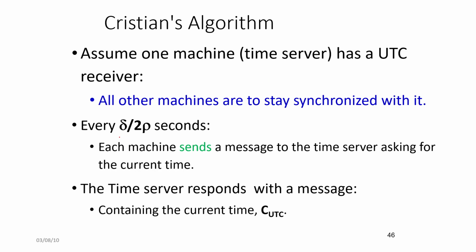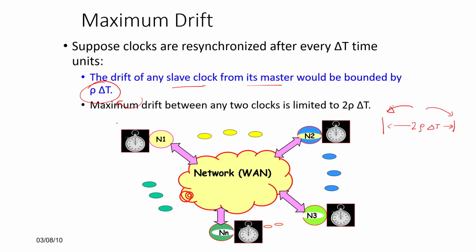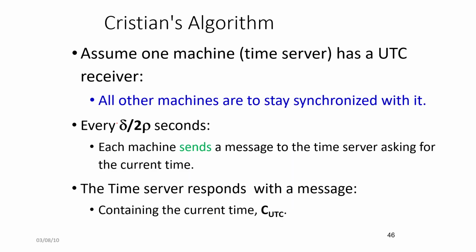So in this case, we have seen this formula 2 rho delta t. So every delta by 2 rho, this is small delta, not the capital delta, every delta by 2 rho seconds, a machine will send a message to the time server asking for the current time. The time server will respond with a message which is the current value of the UTC.